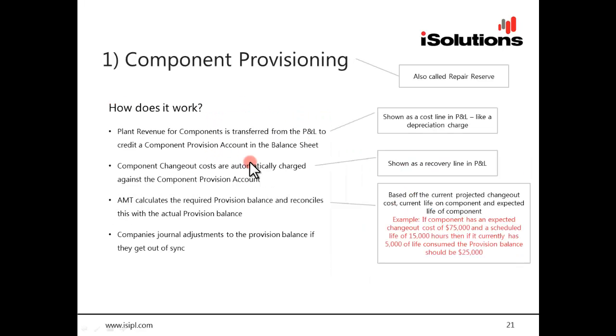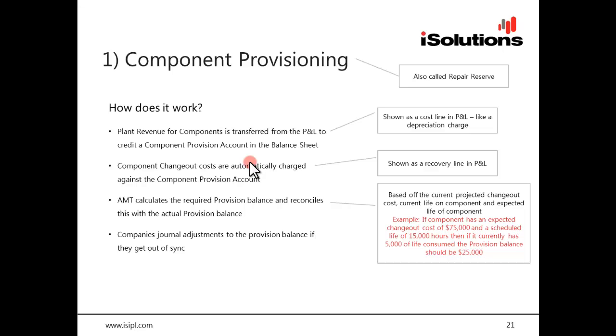Okay, so component provisioning, how does it work? Plant revenue for components that you're getting in. So if you're getting in $12 an hour for your major components, and that comes into your P&L as revenue, into your plant group as revenue, that is transferred out as effectively a depreciation, as a cost, to a provision account in the balance sheet.